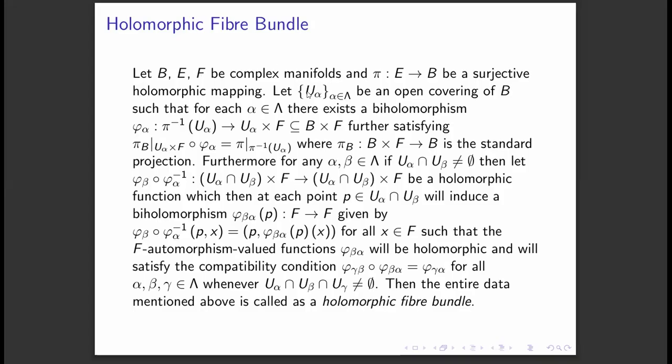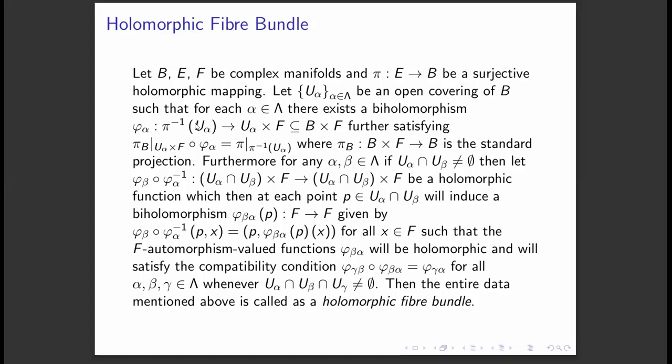We first have an open covering of the base space. This capital B is called the base space, capital E is called the total space, and π is called the bundle projection. This capital F is called the typical fiber of the bundle. Then we have U alpha, which is an open covering of the base space. For every open set U alpha from this open covering, we take π inverse of U alpha.